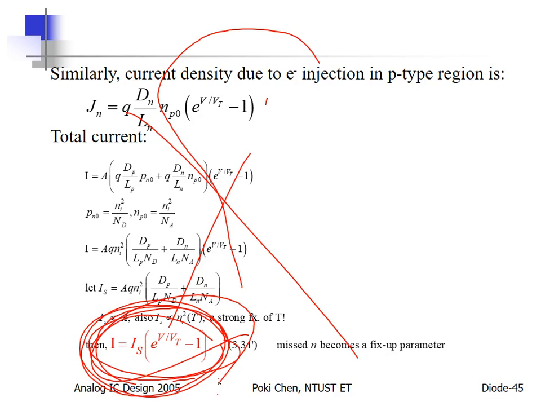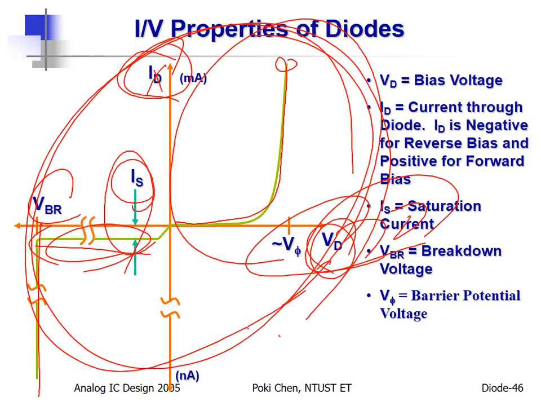So I still think memorizing those 4 equations will speed up your logic thinking about how to guess, if you change the bias, oh yeah, how the current changes. It will be faster for you to guess the operation of the circuit. All right?